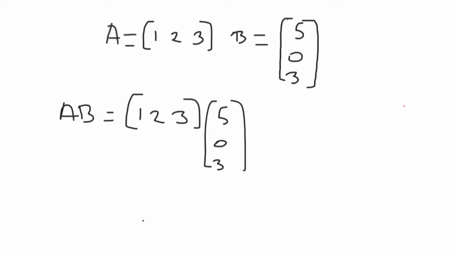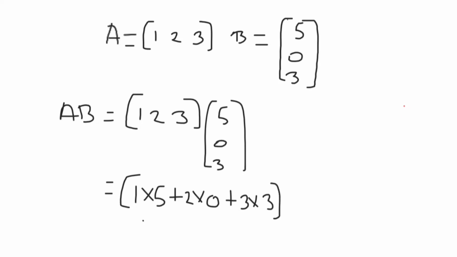So how do we multiply? We multiply this first row with the first column of the second matrix. So it will be 1 times 5 plus 2 times 0 plus 3 times 3.